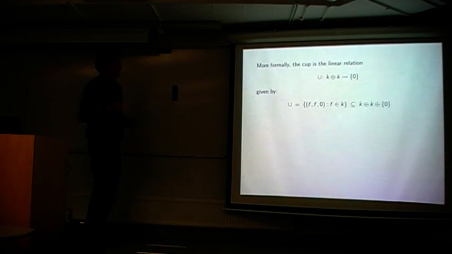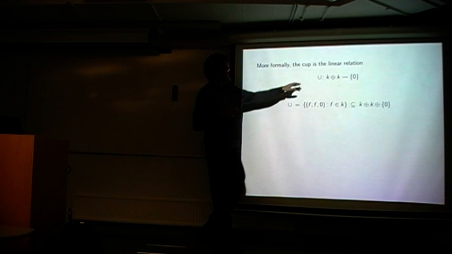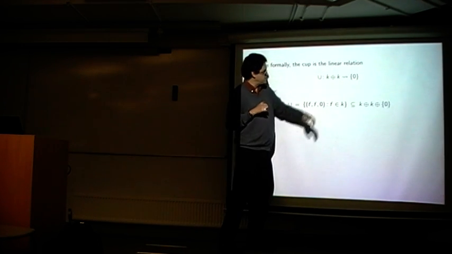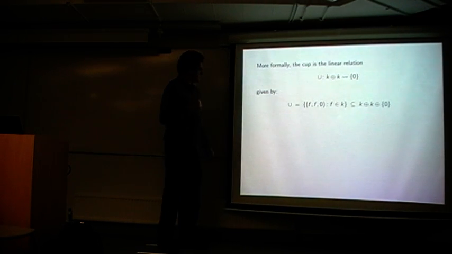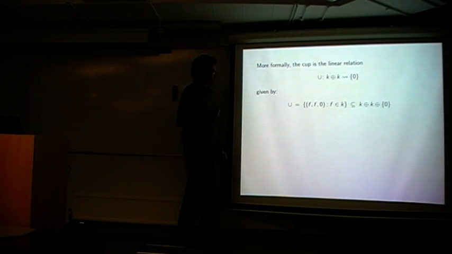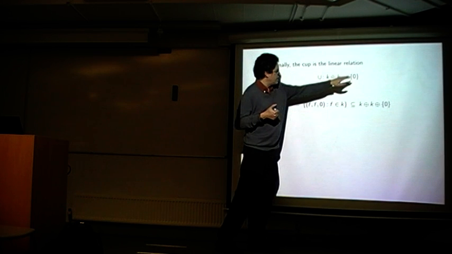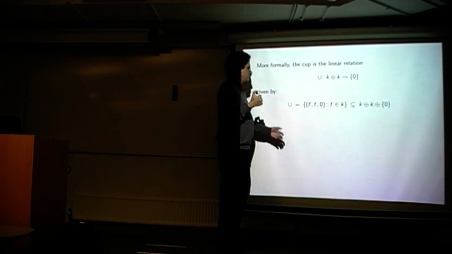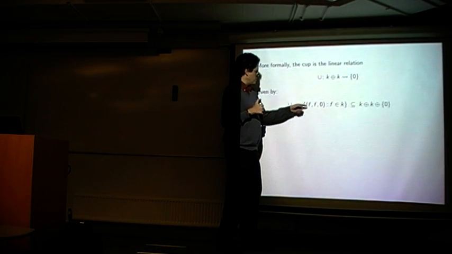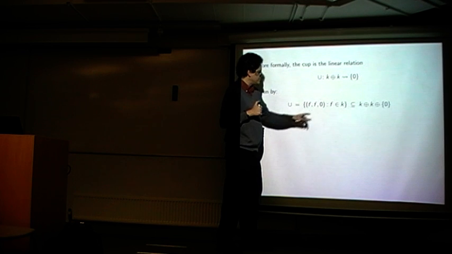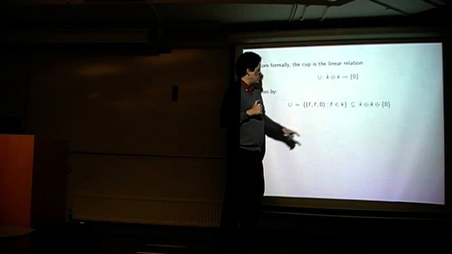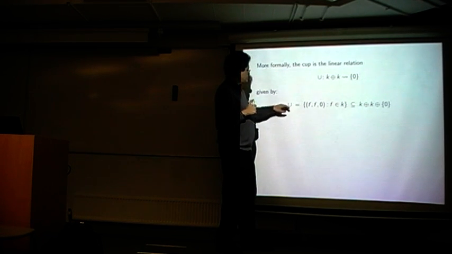So a little more formally, the cup is a linear relation from k plus k to the zero-dimensional vector space. So that means it's a set of ordered pairs consisting of an element in k plus k and an element in the zero-dimensional vector space. So in other words, it's a triple. But it's not any old triple, it's a triple where the first two guys are the same. So any triple of that sort will be in this relation.